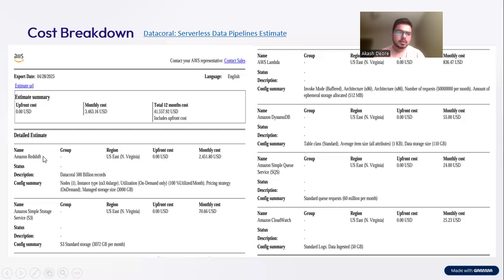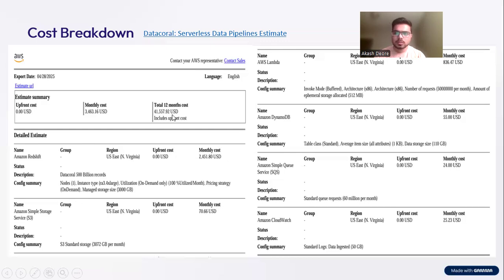So this Amazon Redshift service requires zero upfront cost. But as we are utilizing this service with this configuration, this is one of the major costs which we spend in this architecture. It is around 70 to 80% of our entire cost, around $2,500.